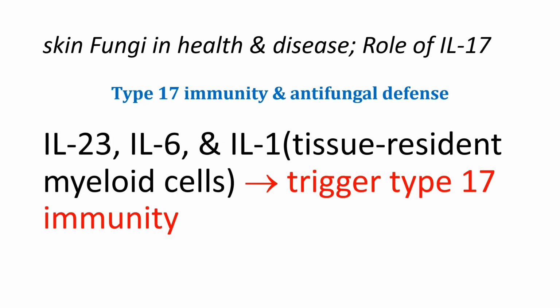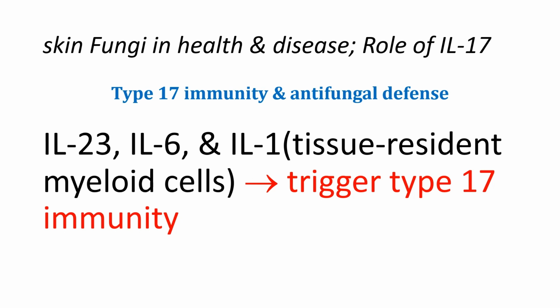The cytokines responsible for triggering type 17 immunity, typically interleukin 23, interleukin 6, and interleukin 1, are mainly produced by tissue-resident myeloid cells, including antigen-presenting cells during adaptive T cell priming, in response to direct sensing of the fungus by these cells.